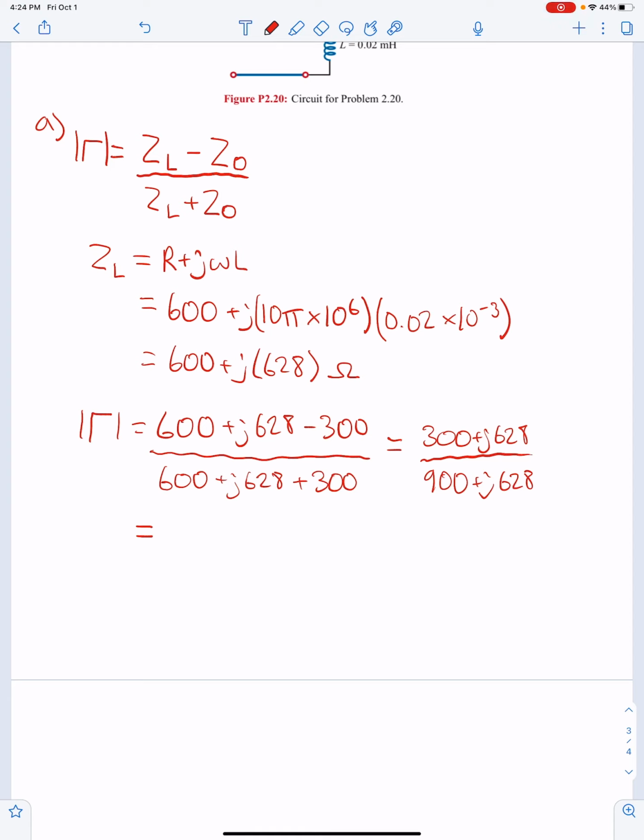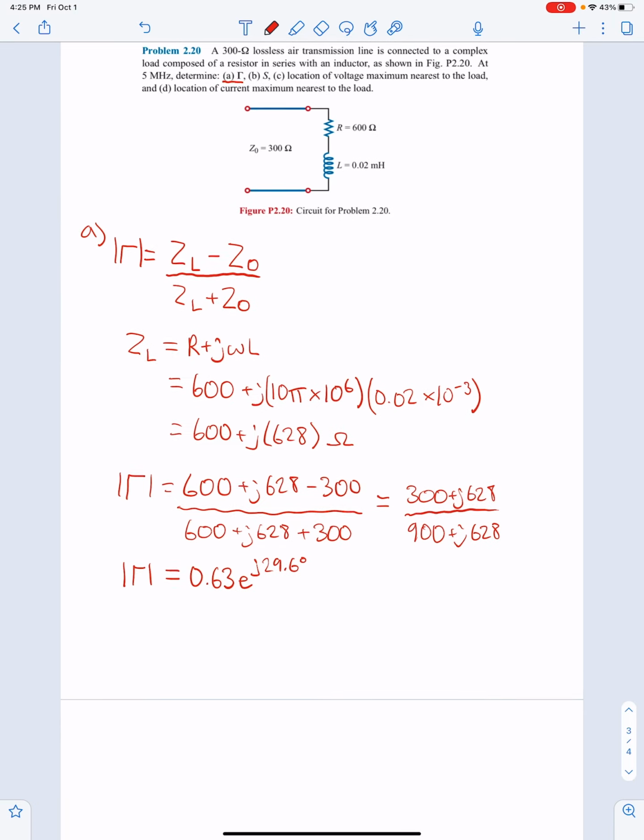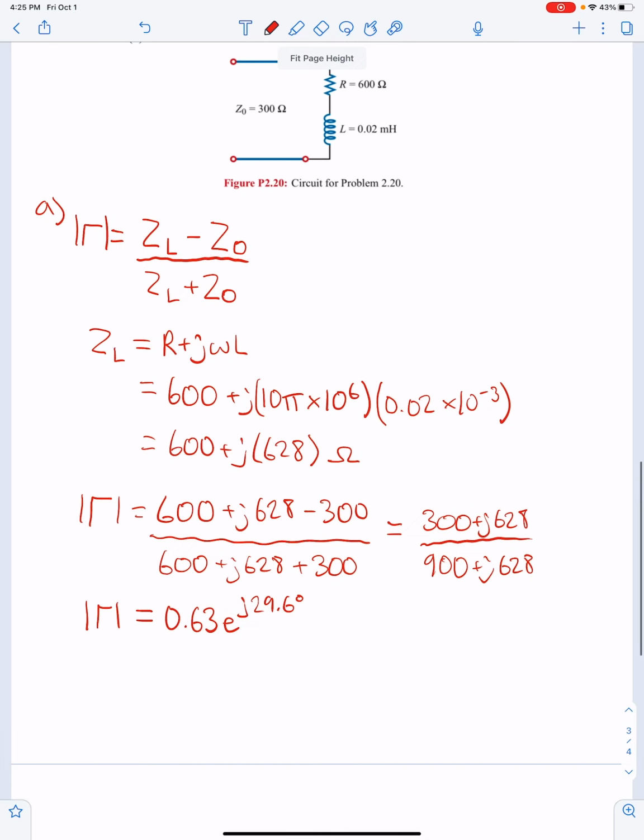So we have the magnitude of gamma equal to 0.63. Okay, so that will give us our final answer for our reflection coefficient.